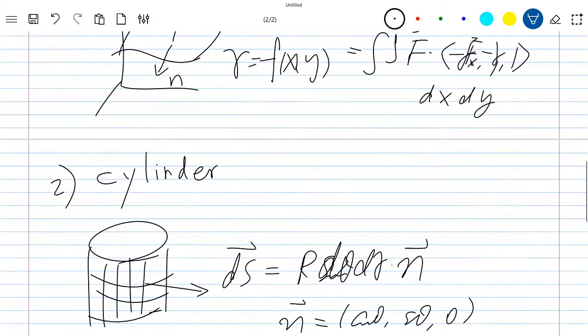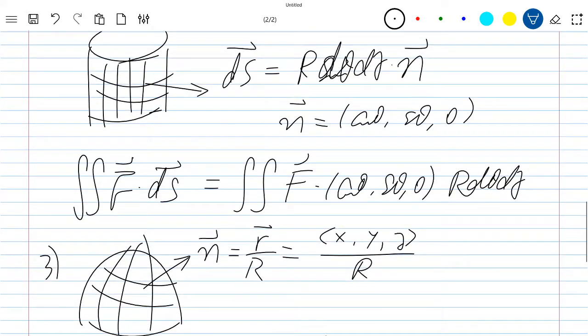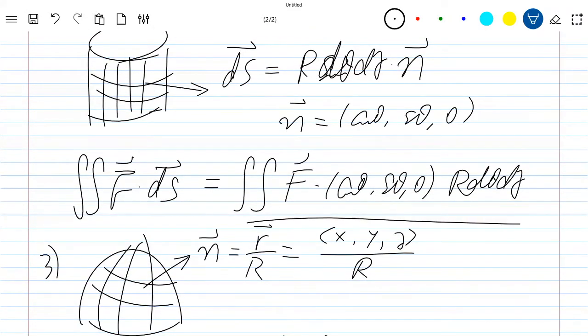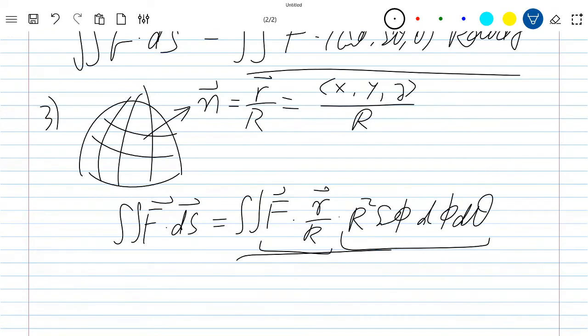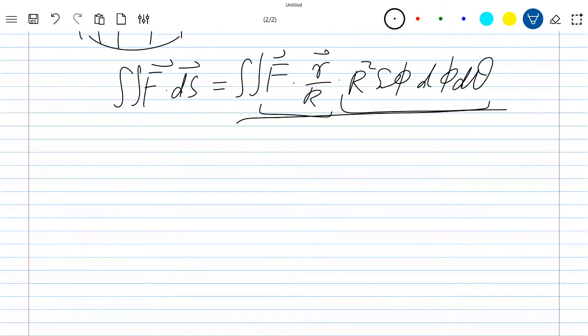And for a cylindrical face, you write this, but for a spherical face, you write that. Alright, so let's see examples one by one.